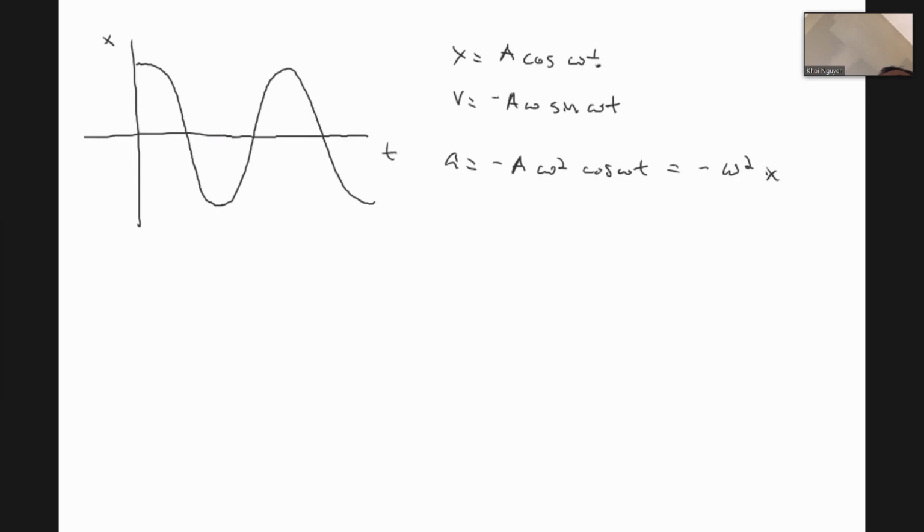So we talked about these mass on a spring type systems. The key is that acceleration is negative omega squared times displacement, and displacement was this A cosine omega t.